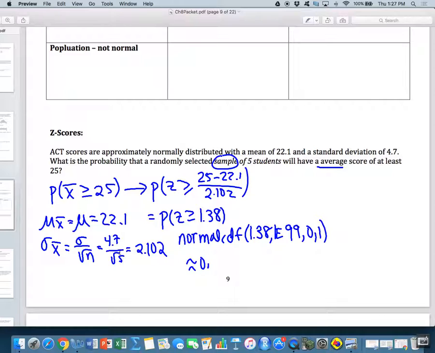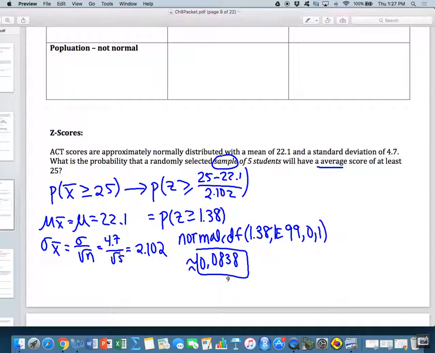I got the probability to be about 0.0838. You guys get the same thing? 0.0838. Yes? No? Okay, thank you. So about 8% of the time, a sample of 5 students has an average score of at least 25.